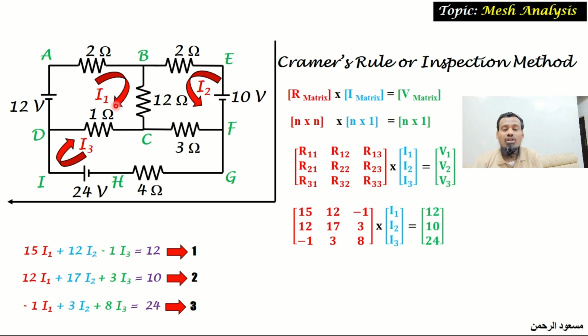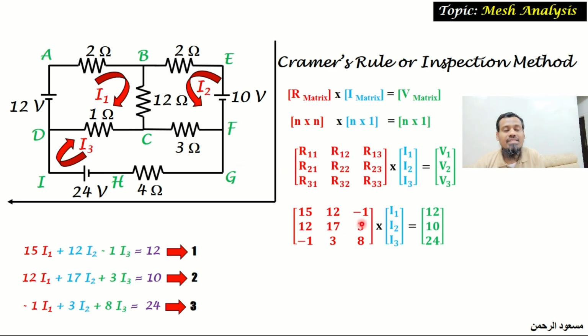And R21, which is equal to R12, and R22, the summation of the resistances connected in loop 2. So 2 plus 12, 14 plus 3, 17. So it is written 17. And R23, which is the common resistance available between the second and third loop. It is 3 ohm. It is written to be positive 3. Why?